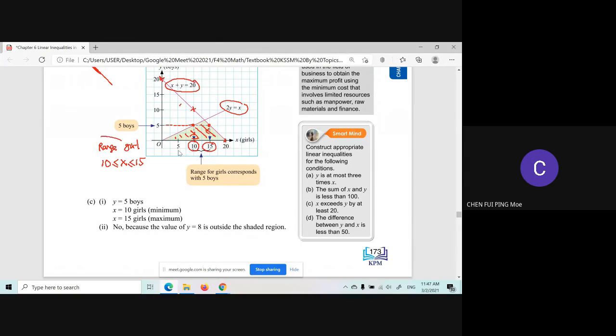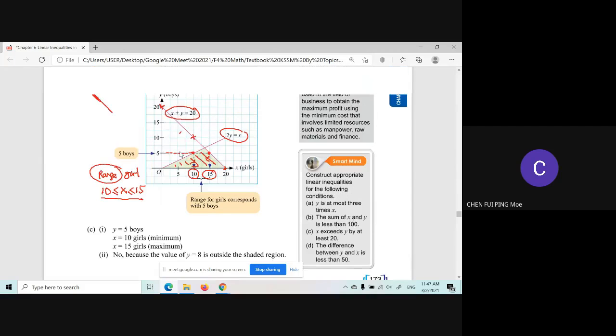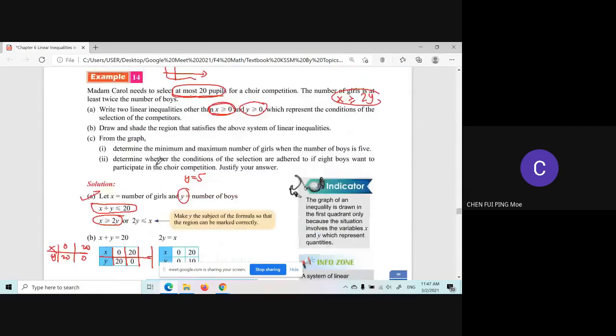If the question asks for range, you write like this. If this one is a dotted line, for example, then here don't put the equal sign. Clear? Okay.